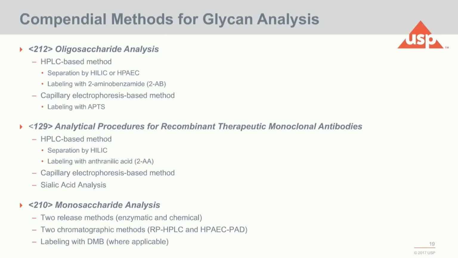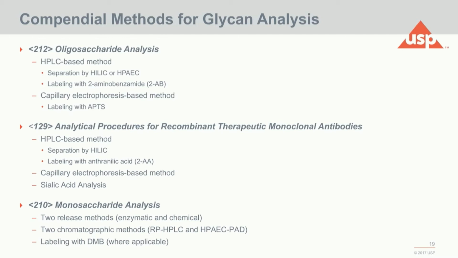Chapter 129, which is the chapter that focuses on monoclonal antibodies, also has both an HPLC-based method and a capillary electrophoresis-based method. The HPLC-based method here was actually developed before we developed Chapter 212, and so this has a labeling with 2-AA rather than 2-AB.